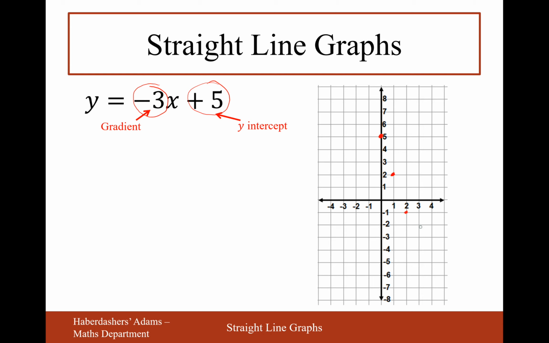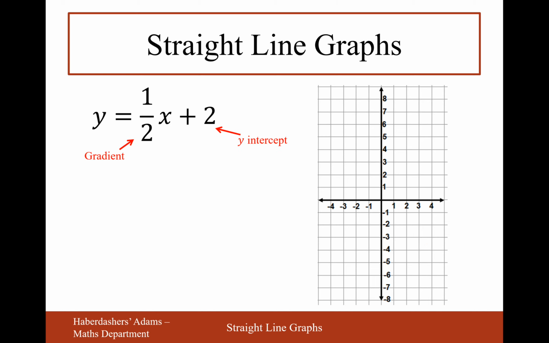We could move backwards, but we'd have to do the opposite of moving down, which would be moving up by 3. And there we are. That's the graph of y equals minus 3x plus 5. You'll probably notice that when you have a negative x number, it's a downward sloping graph.